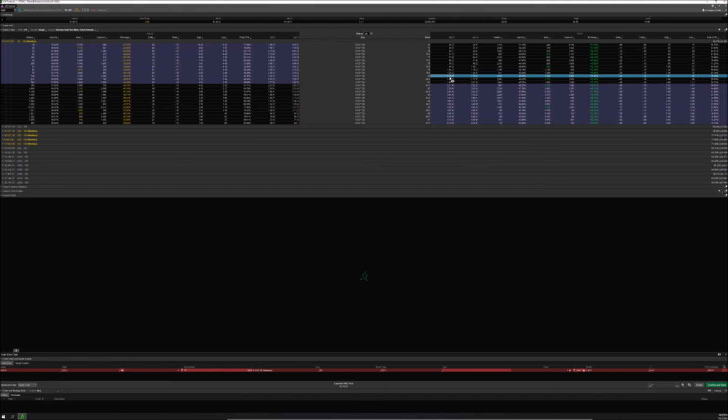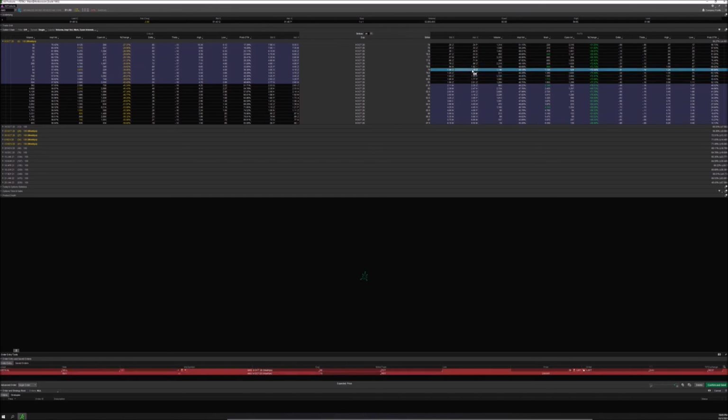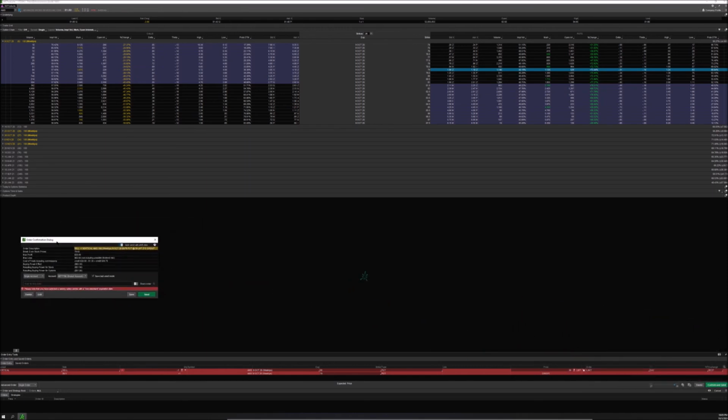But let's just say you do 1 point credit spreads because you don't have the capital. You collect $38, but your buying power is $63.30.